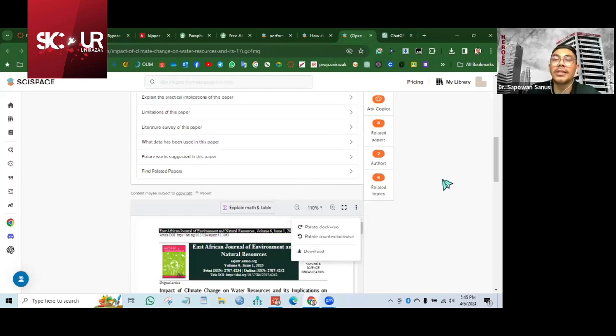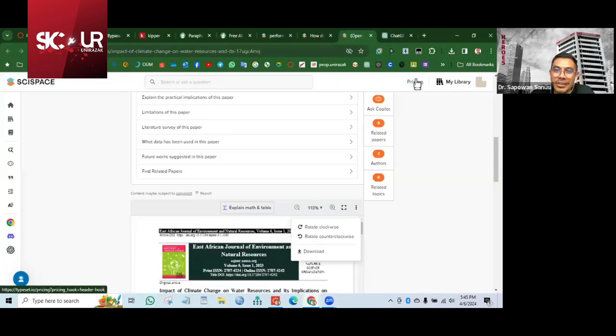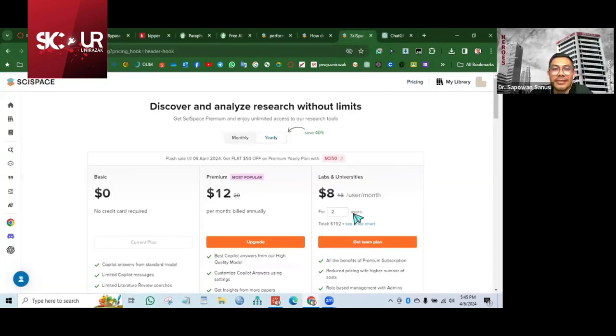Then I put in GPT to add SciSpace. Masuk sini, I tanyalah, review the articles and everything. Okay. Then this one is not cheap. Very mahal juga lah kan.